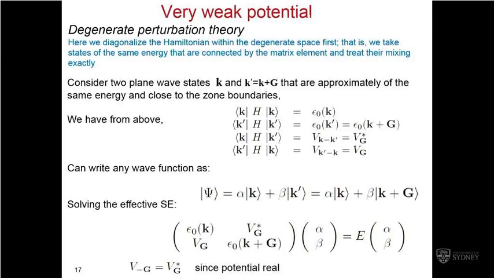And we can get here the eigenvalue problem. So what we're going to do is solve this and see how the energy eigenvalues are affected by the presence of this potential.